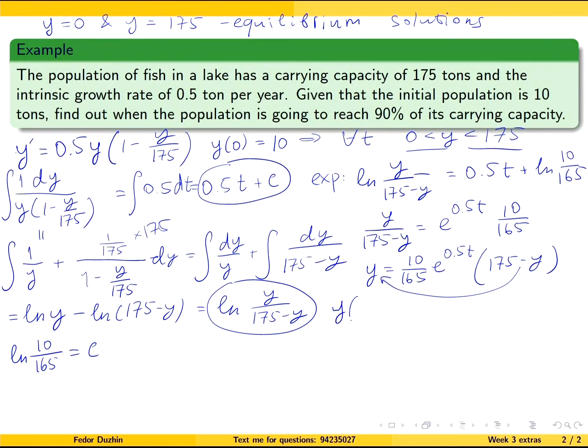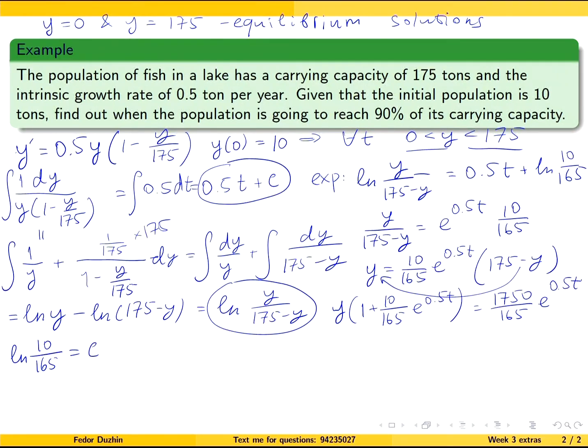So then we have y times the original coefficient 1, plus the coefficient that comes from the right hand side, 10 over 165 e to the power 0.5t, equals 1750 over 165 e to the power 0.5t.